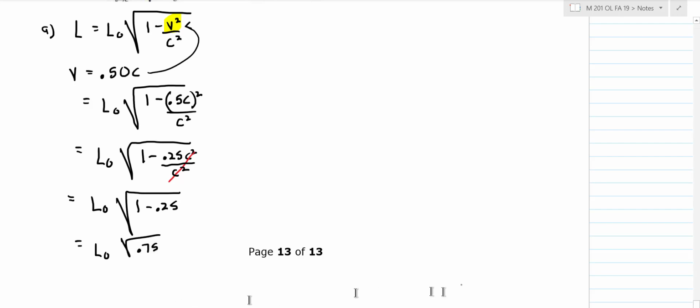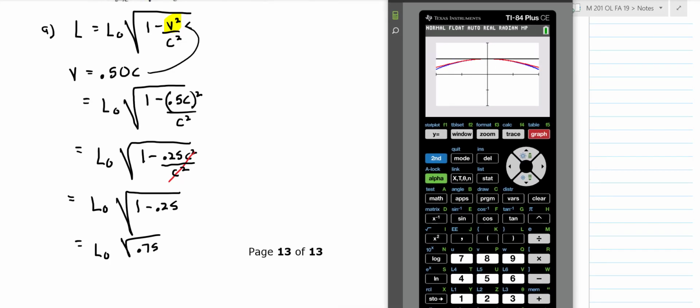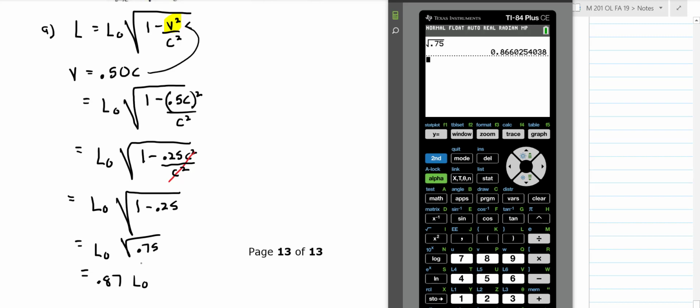And then we'll just do that on the calculator, and this will kind of give us an idea of how much the spaceship appears to contract. So if I just do square root 0.75, work that out, I'll get this. So that is about 0.87 L naught.